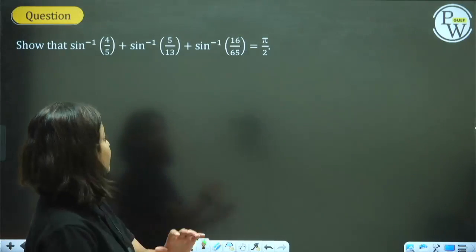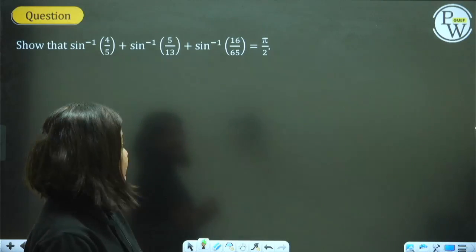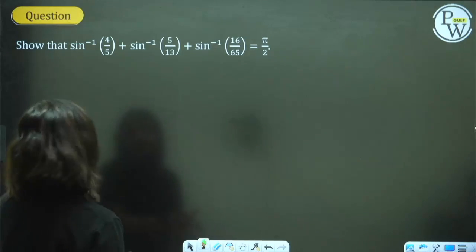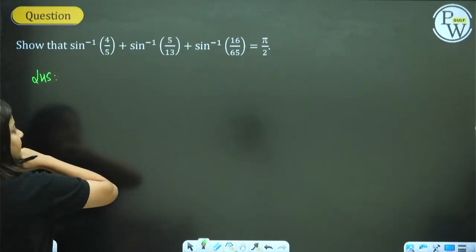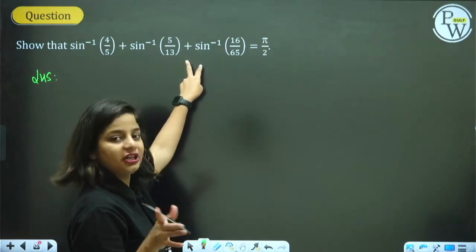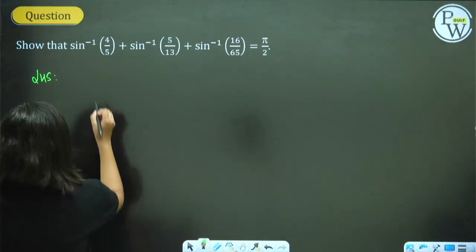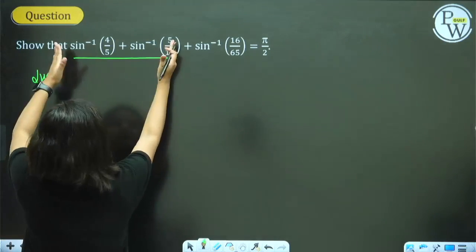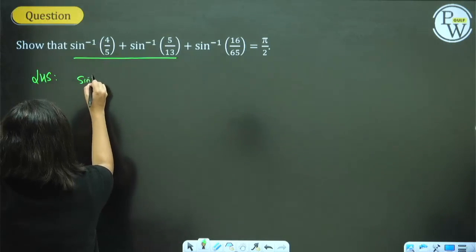Sin inverse of 4 by 5 plus sin inverse of 5 by 13 plus sin inverse of 16 by 65 is equal to pi by 2. You have to prove it. So 4, 5 is a Pythagorean triplet. 5 and 13 is again a Pythagorean triplet. 16, 65 is also a Pythagorean triplet. All right. So consider the first two terms initially from the LHS.